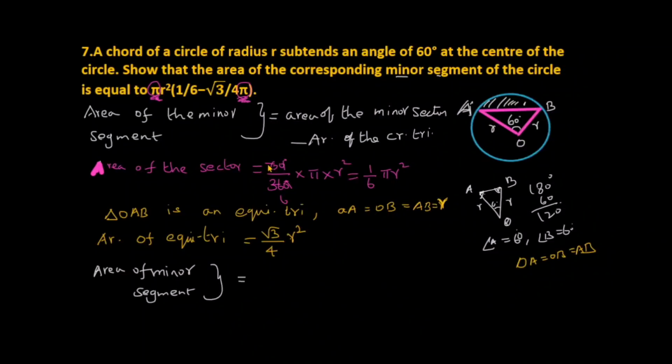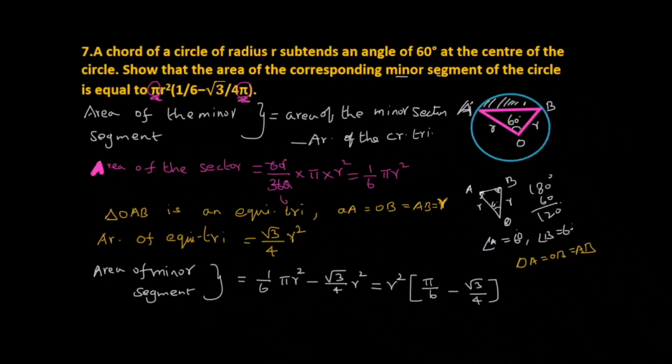Segment is equal to the area of the sector, 1 by 6 pi R squared, minus root 3 by 4 R squared. R squared is common. When we take R squared outside, we will have pi by 6 minus root 3 by 4.